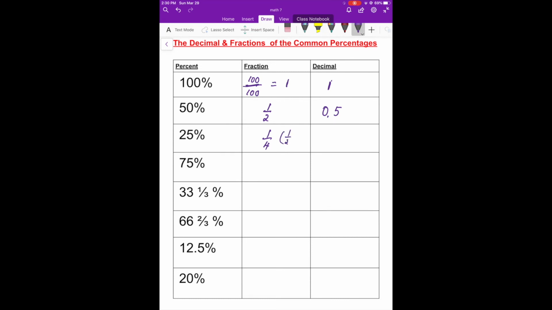Half times 1/2 is 1/4, and it is 25 cents or 0.25. And 75% is 3/4. 75% means 50% plus a quarter, 25%, which is 1/2 plus 1/4, which is 3/4, and it is 0.75.